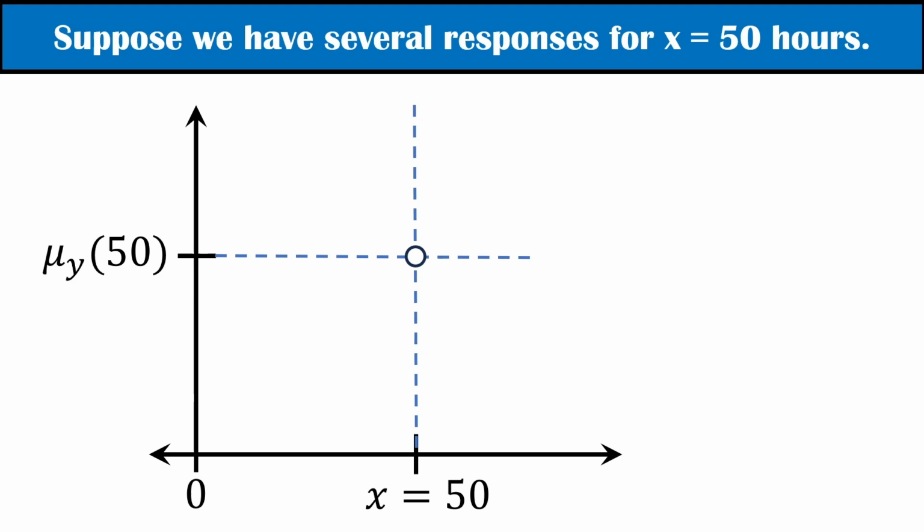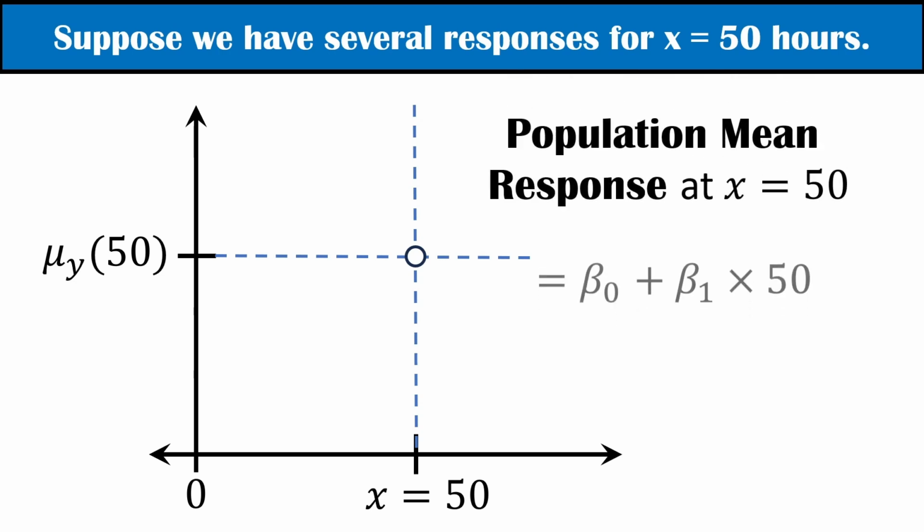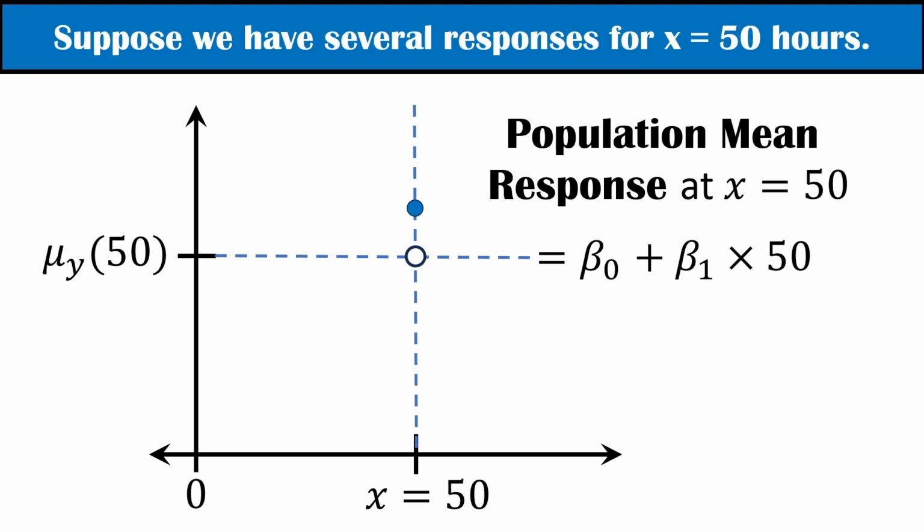Now here's the point. If we have a whole bunch of people who spend 50 hours watching videos, we don't expect all of them to have the exact same response. We expect some variation due to individual differences. Somebody might be there, or there, or there, or there, and so on.